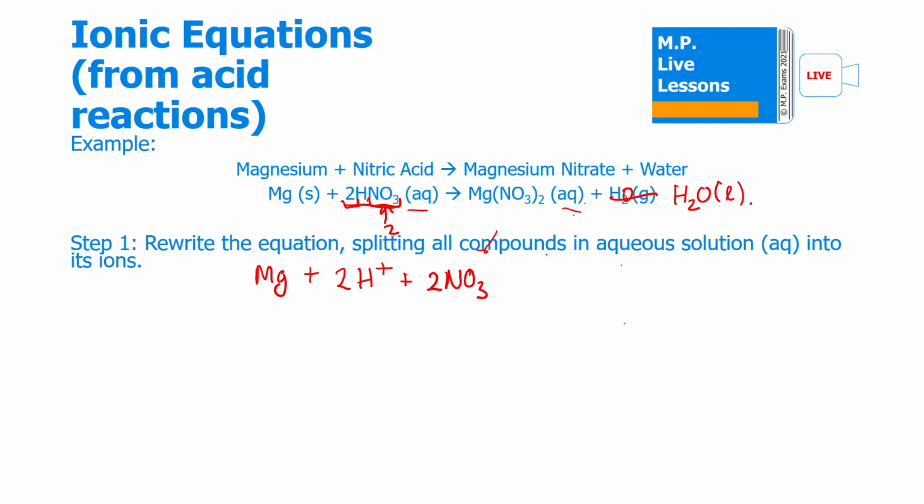These nitrate ions have a charge of 1 minus, or just minus. Now this salt here is dissolved in water, so magnesium is in its ion state. That'll be magnesium with a 2 plus charge. Then you have the 2 nitrate ions again.